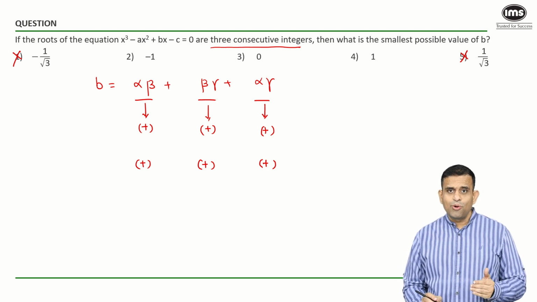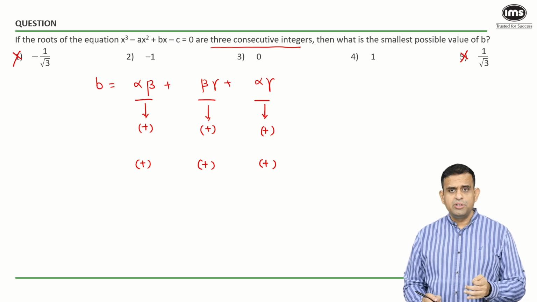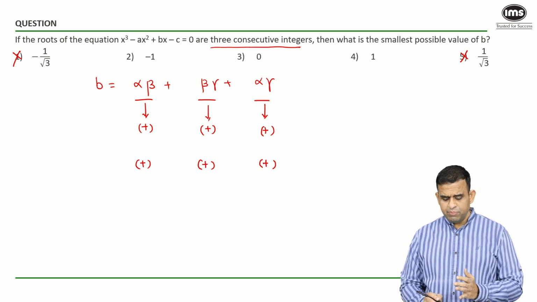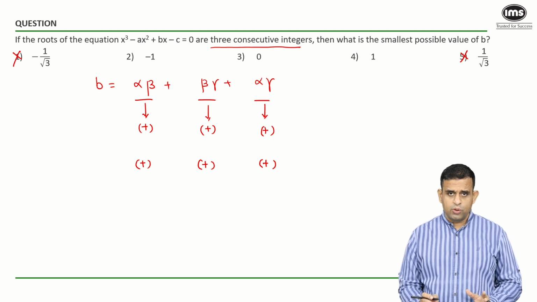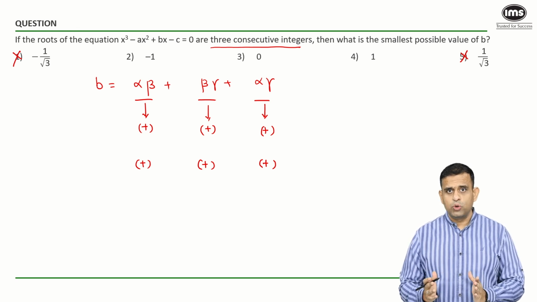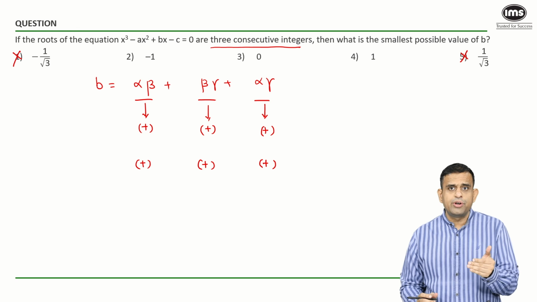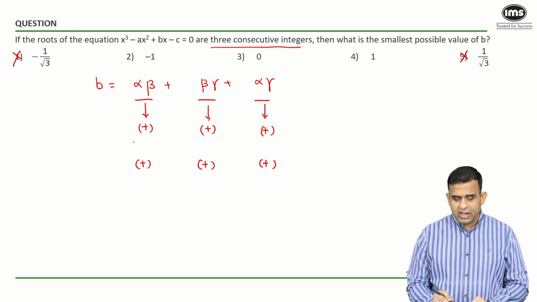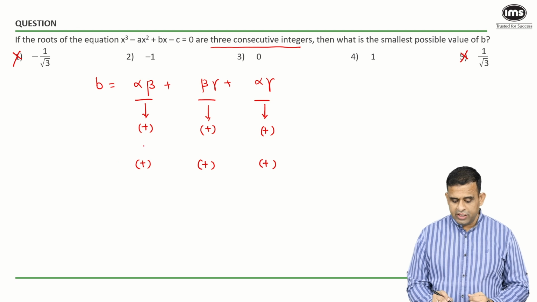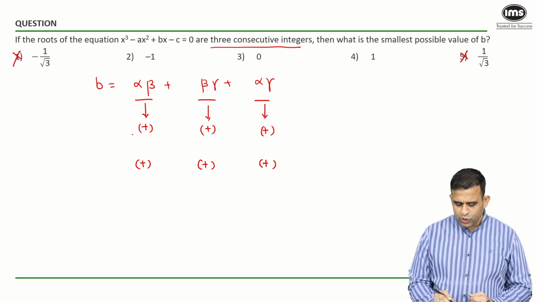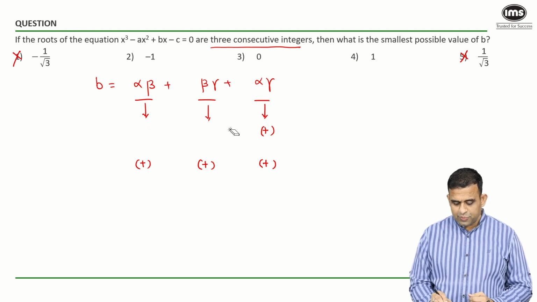Now since I want to minimize, what do you think will be your minimum possible value over here? One can say 1 plus 1 plus 1 equals 3 or more. I can't take them to be equal because they are consecutive integers. So if I can't take them all positive or all negative to minimize the value of b, what we can do is assume one of them to be 0.